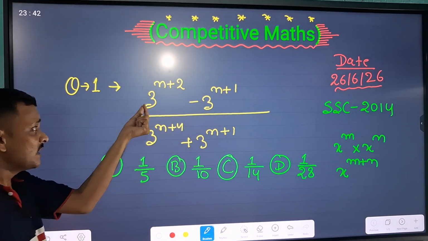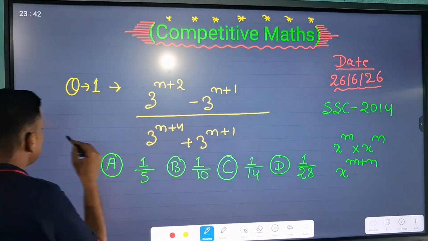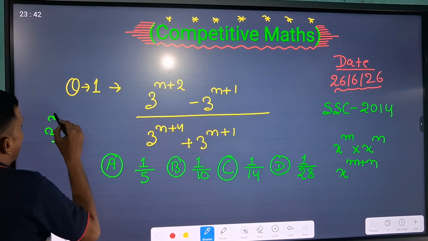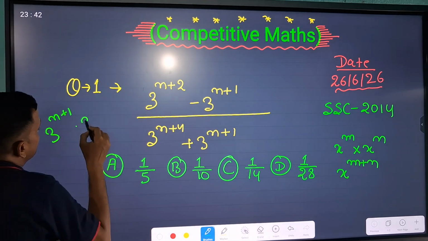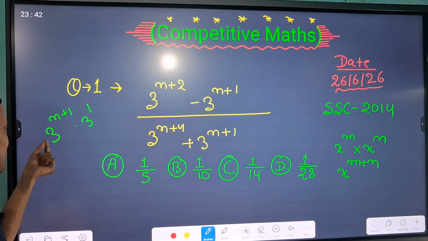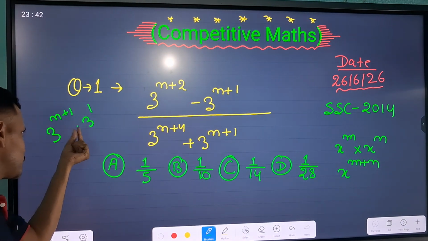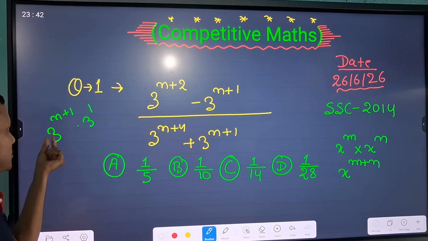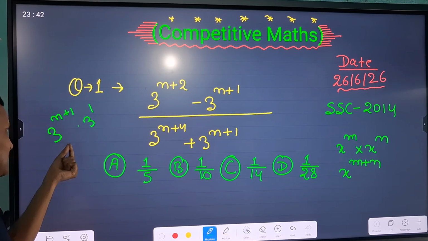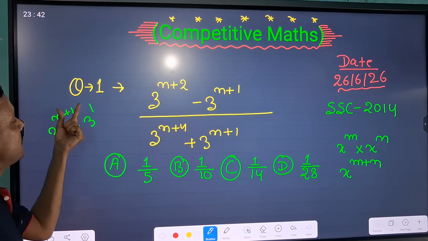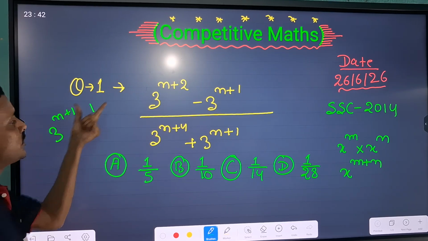You can write 3 to the power n plus 2 as 3 to the power n plus 1 into 3 to the power 1, because x to the power m into x to the power n equals x to the power m plus n. That means n plus 1 plus 1 equals n plus 2.